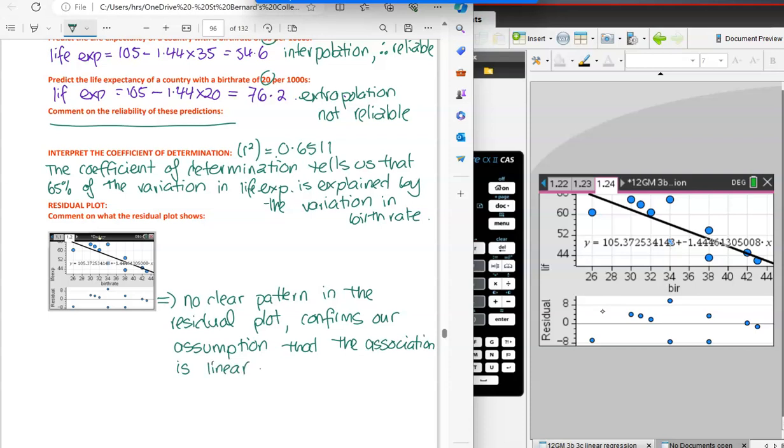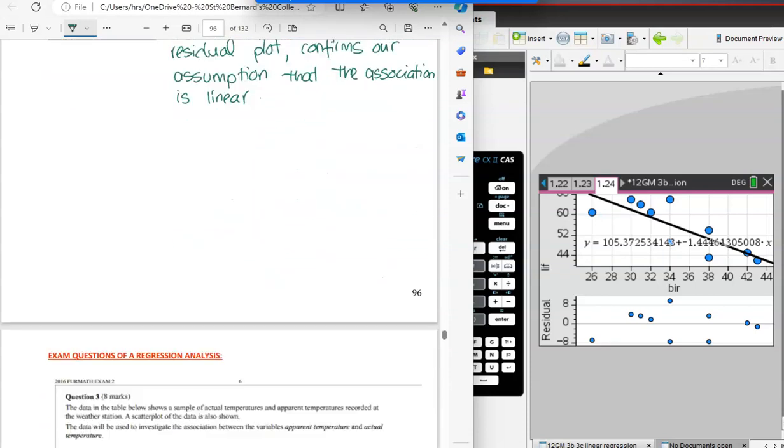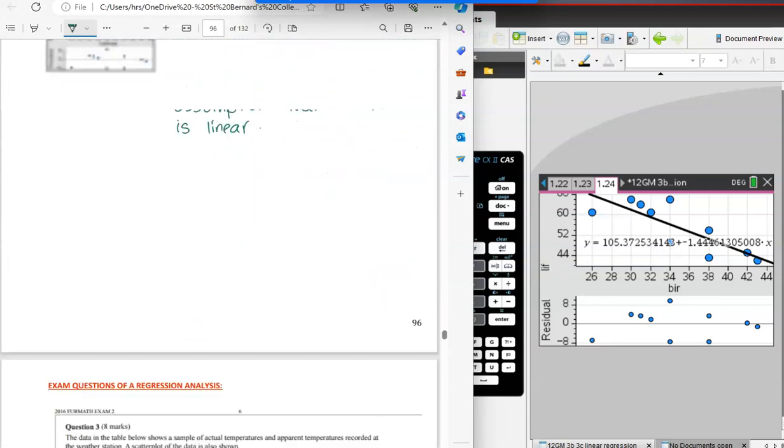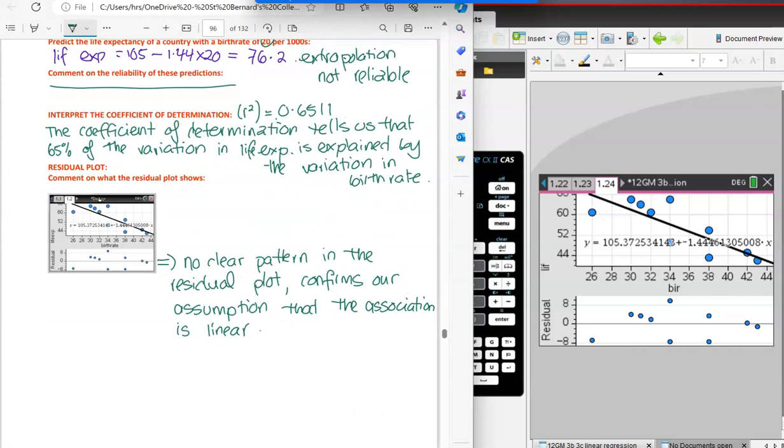Okay, all right. So that's what we did, and that would be a full regression analysis.